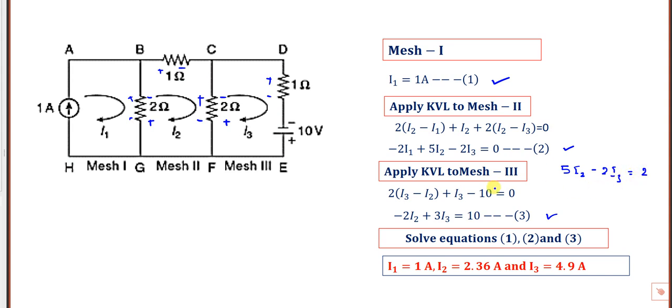So that is equation number 2 and 3. You can solve using matrix. Okay, I will show. You can solve this one using a 2 cross 2 matrix. I'll show how to solve.